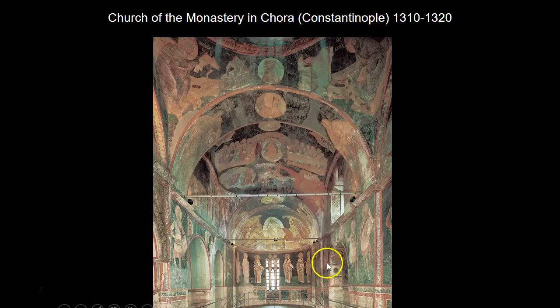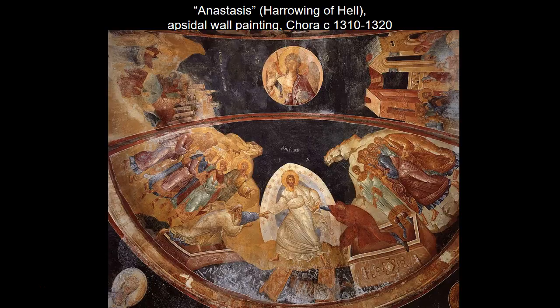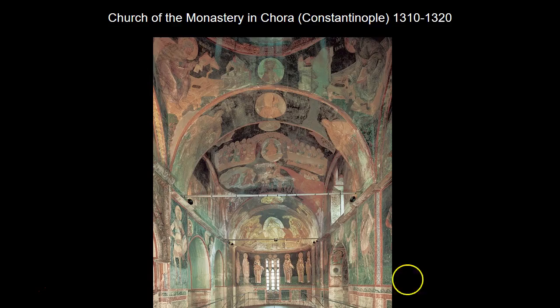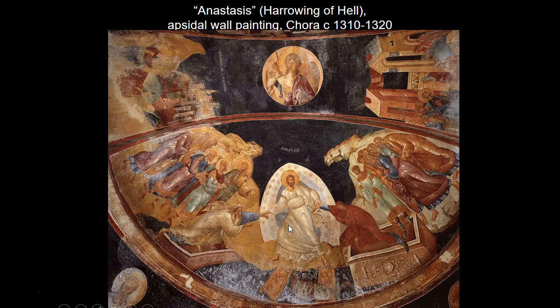Of course, it's not an apse mosaic, it's an apse painting up in the large lunette above the apse. This is a good image, I think, of that particular chapel. I think the color might be a little off, but it's really hard to get good, accurate color. So anyway, this is an image of a narrative scene.